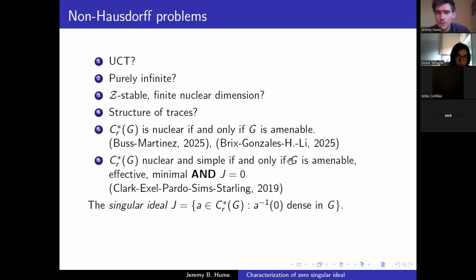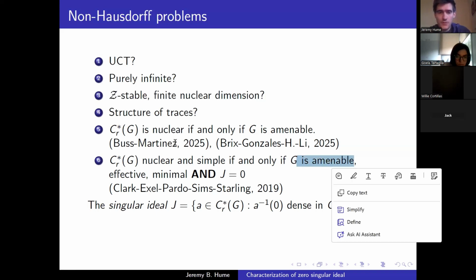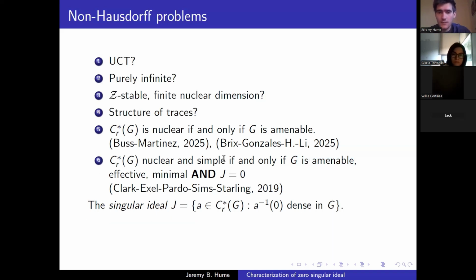In their paper, amenability of G is actually stated as nuclearity, but if you apply the characterization above, it reads like this: the groupoid C-star algebra is nuclear and simple if and only if G is amenable, effective, minimal, and this thing J is 0.